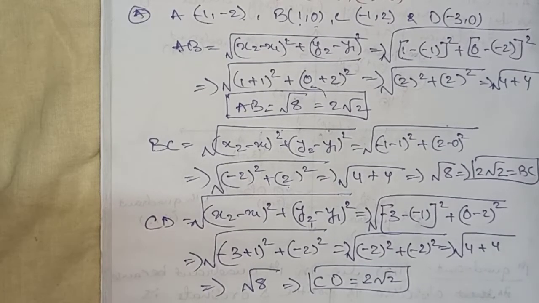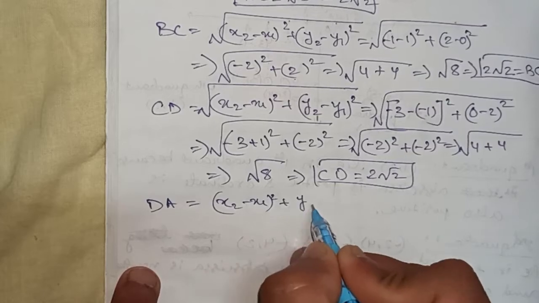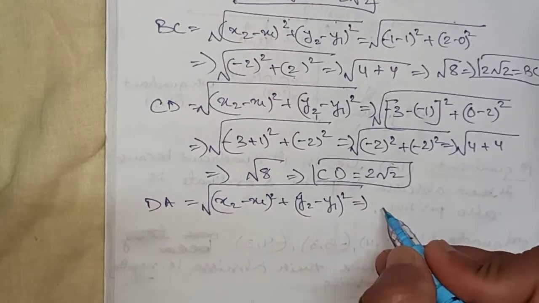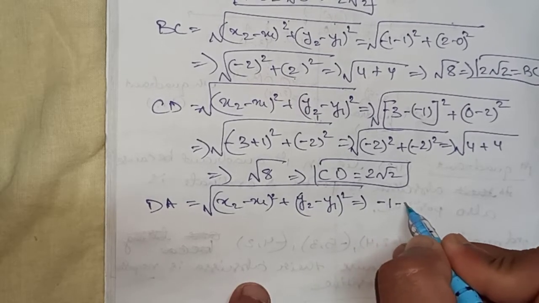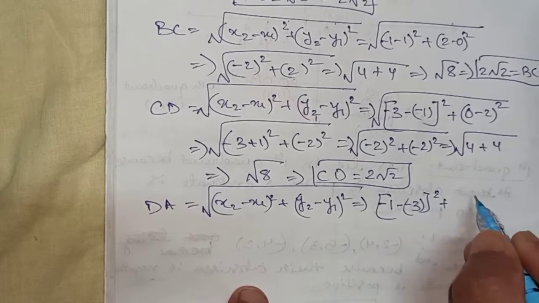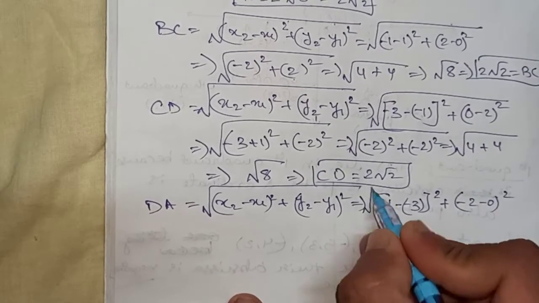Okay. Now DA, square root of (x2 minus x1) whole square plus (y2 minus y1) whole square. Minus 1 minus minus 3 whole square plus minus 2 minus 0 whole square.